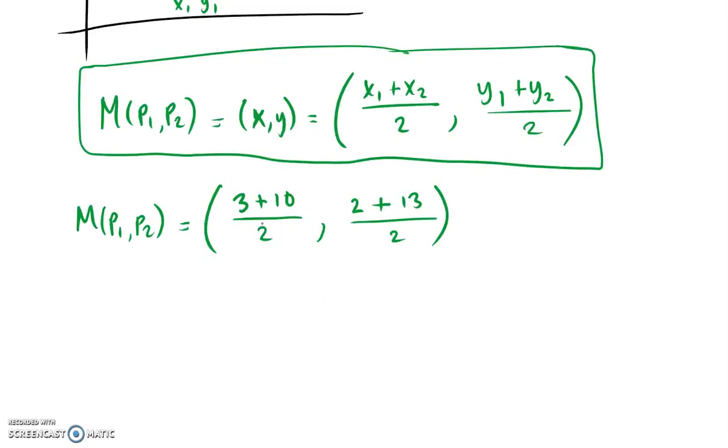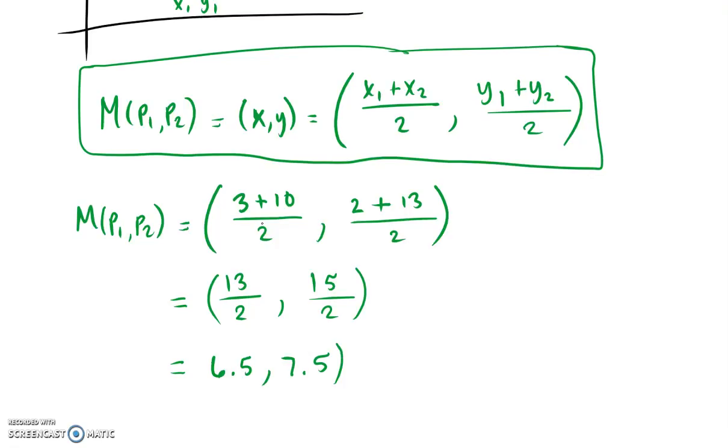Now if we calculate that out, we have 13 divided by 2 and 15 divided by 2. And then if we simplify that down, we have 6.5 and 7.5, which is exactly what we got using the other method.